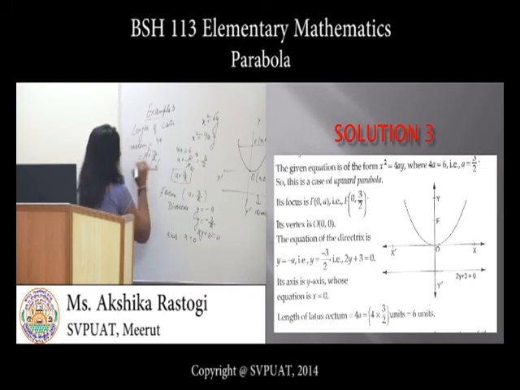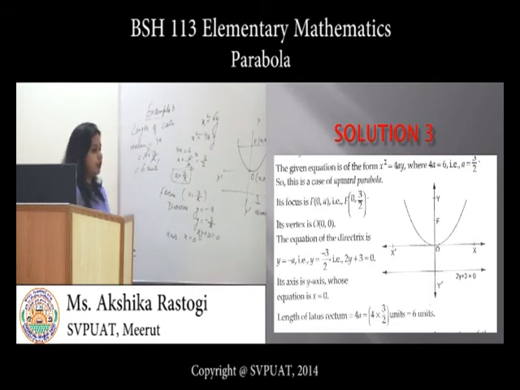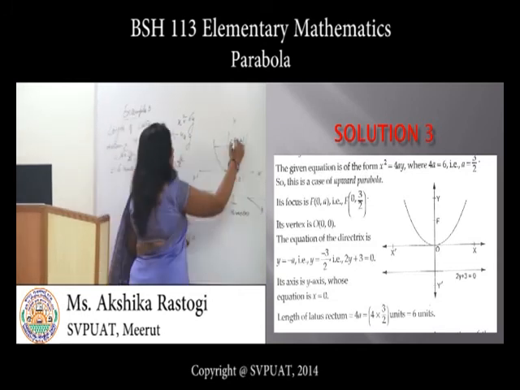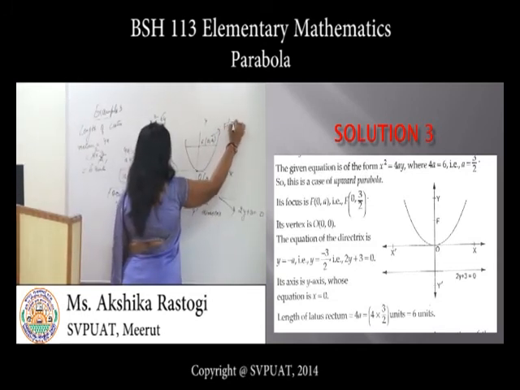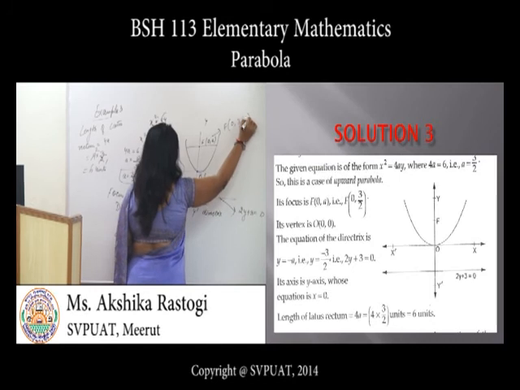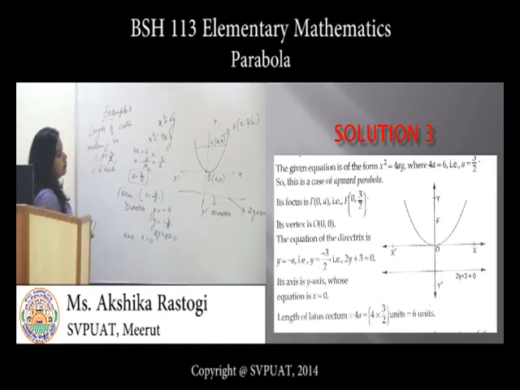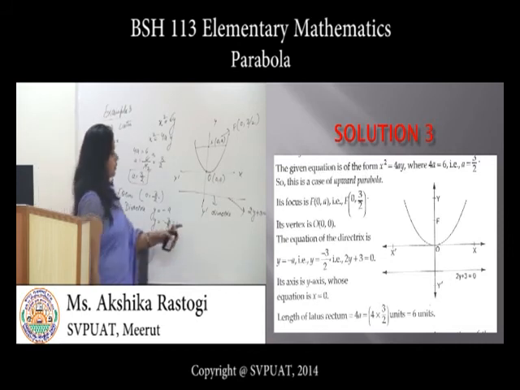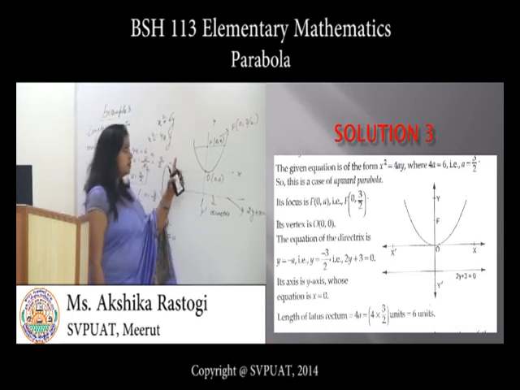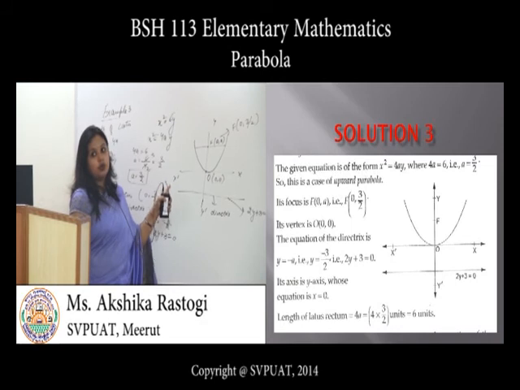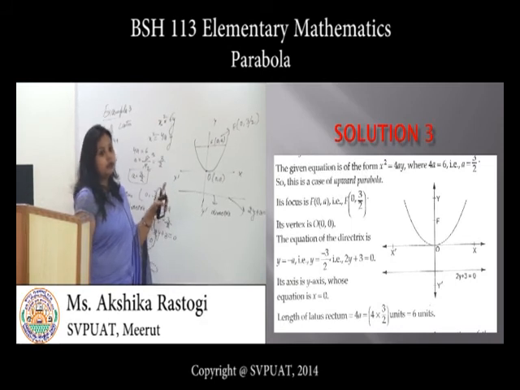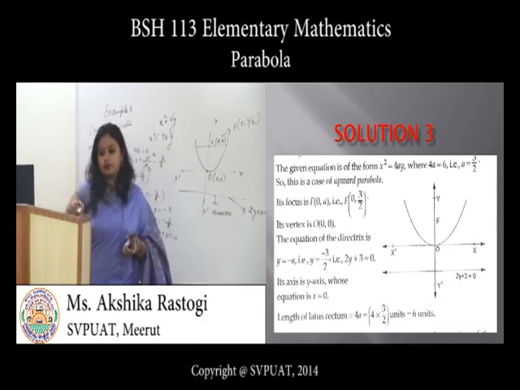This will be 6 units. So the focus of this is 0, 3 upon 2, length of the latus rectum is 6 units, vertex is 0, 0 and directrix is 2y plus 3 equals 0. These are some necessary things that you have to show in the diagram if you are drawing a diagram.